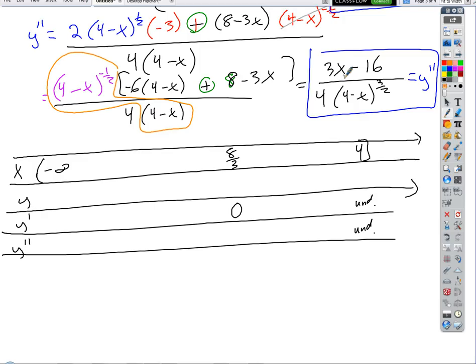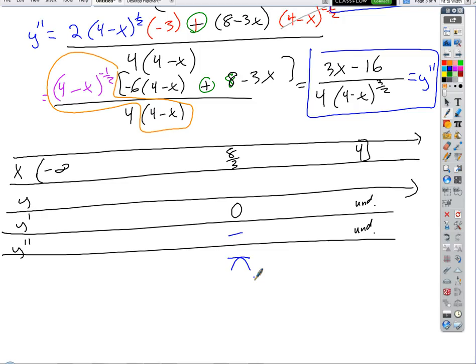It's in our domain. And so what's our overall sign? Positive over negative, negative. And so we got a 0 first derivative. That's a horizontal tangent. And we've got concave down. So that is a what? Relative max.